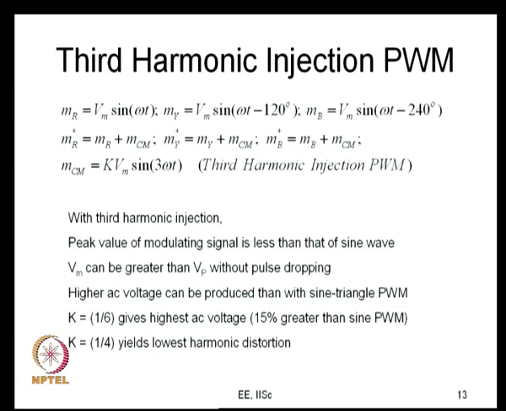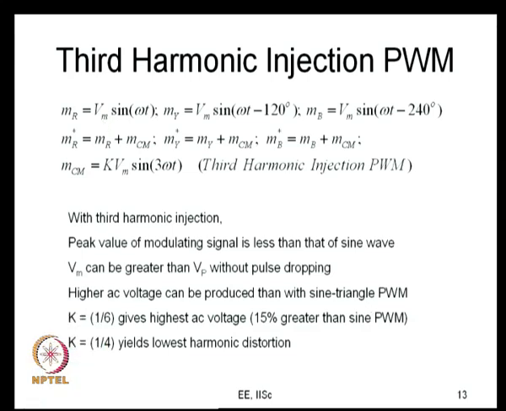Now, this 1 by 6 is simply a factor being thrown at you, but it is a good exercise for you to do this yourself, as I mentioned in my lecture on third harmonic injection also. What you are trying to do is find the optimum value of k that will maximize this value of Vm. Subject to what constraint?